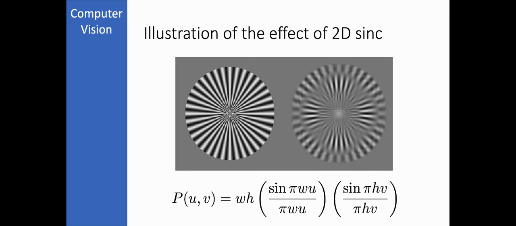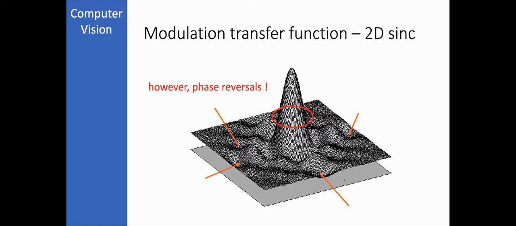This covers the low pass filtering aspect and the fact that some frequencies are passed and others not. But there's also something more interesting, which is the phase reversal. If I look back at this function, I notice that for certain frequencies, it can take negative values, meaning that the intensity of the image can be reversed.